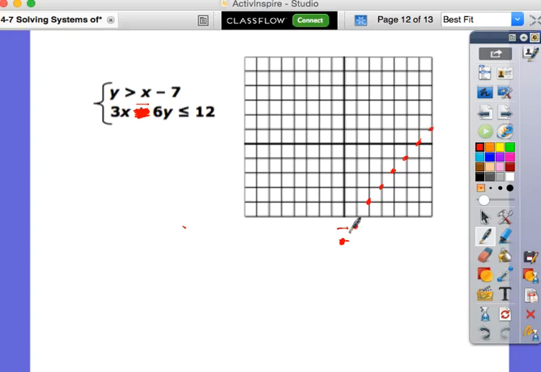Solid or dotted? Dotted. Good. It says y is what? Greater than. Greater than. Where do we shade? Above. Very good.